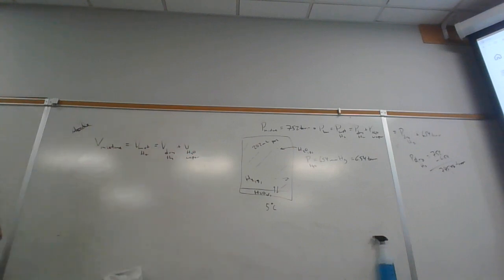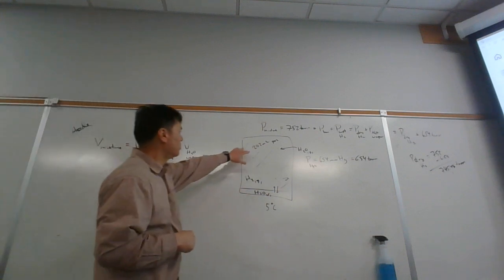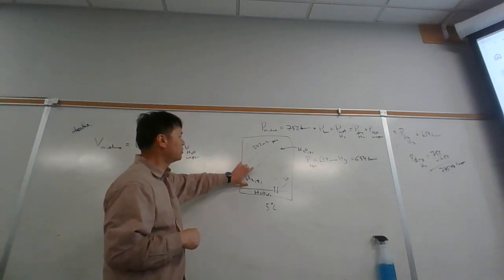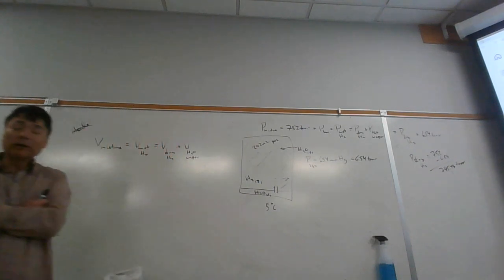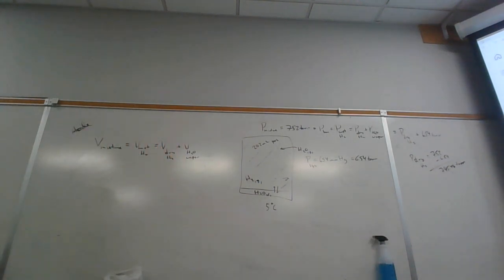Now the question is, what is the volume of the dry hydrogen and what is the volume of the water vapor? So out of this 202 milliliters, how much is dry hydrogen and how much is water vapor? Or pure hydrogen, pure water vapor?